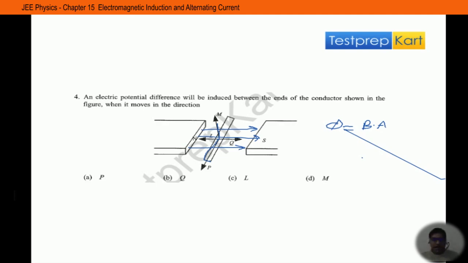On the other hand, if we move along L or along Q, there will be no change in flux, because the entire field is passing through its region and there is no change in area. So for this question, option D is right.